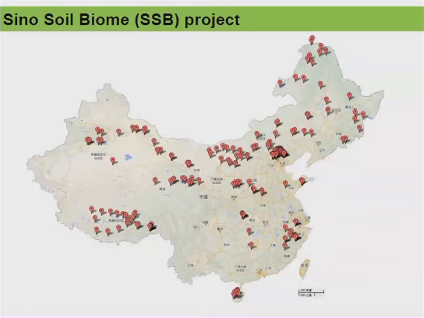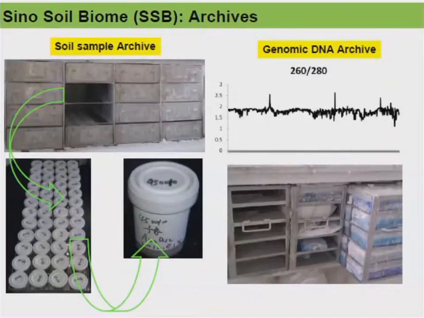In this project, we collect several thousand samples. We study the microbial composition and their relationship to the environment. So we collect the samples. This is, I suppose, a very good way. For each tube, we store 50 grams of basically freeze-dried soil.